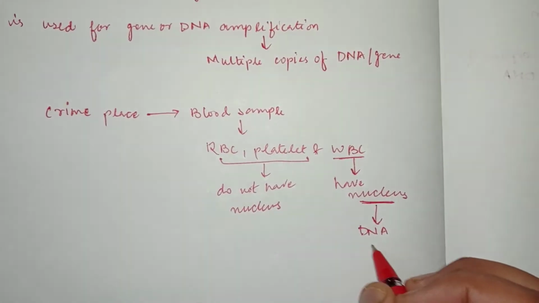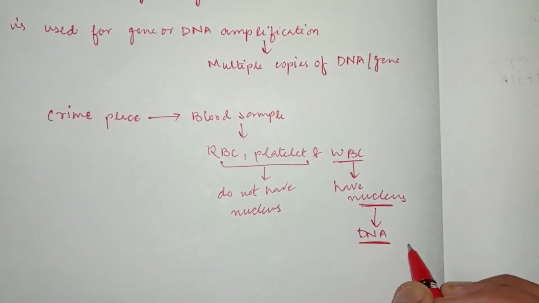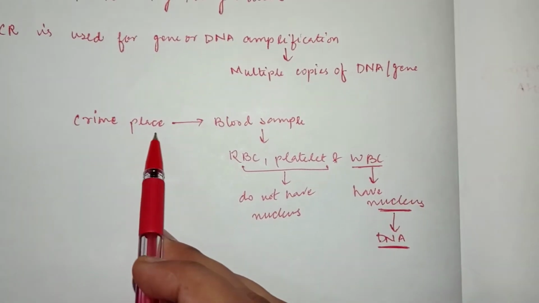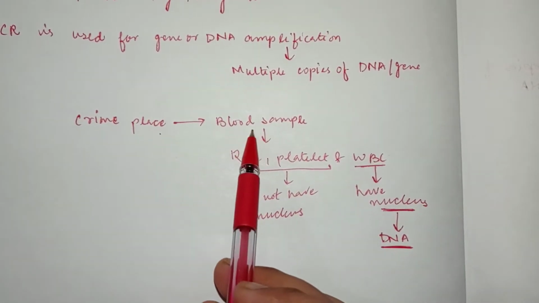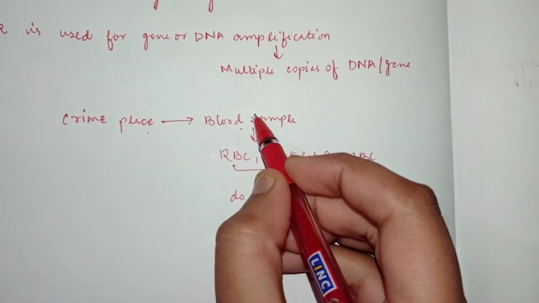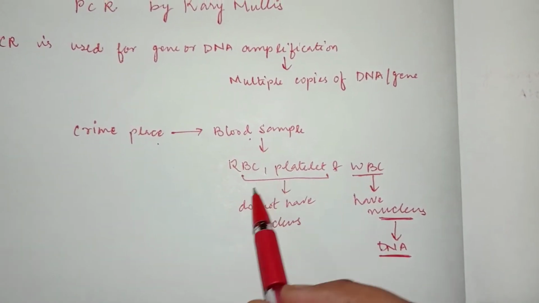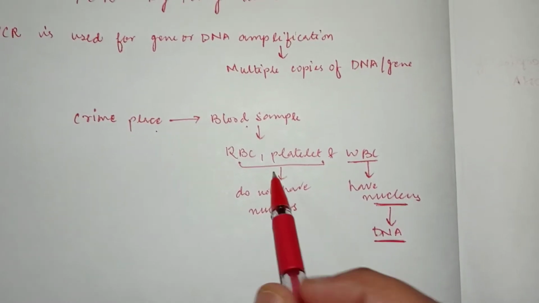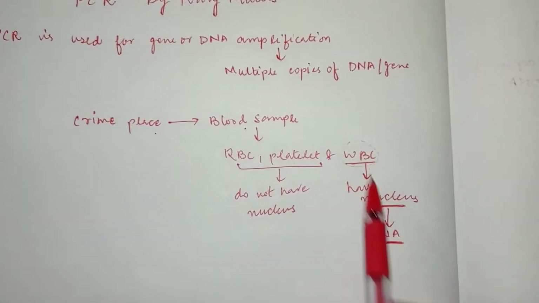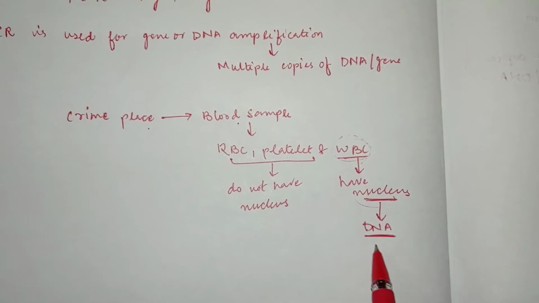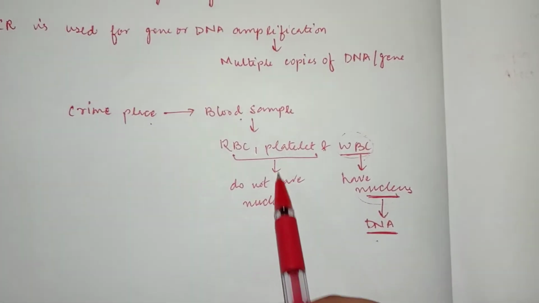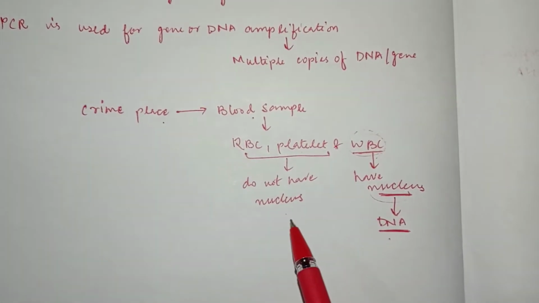So we also know that this DNA is in very small quantity. Suppose at a crime place, if you get a very small quantity of blood sample, and in blood sample you know that RBC, platelet and WBCs are present, and only WBC have the nucleus and the nucleus have the DNA. These do not have the nucleus, so these are not going to have DNA in it.